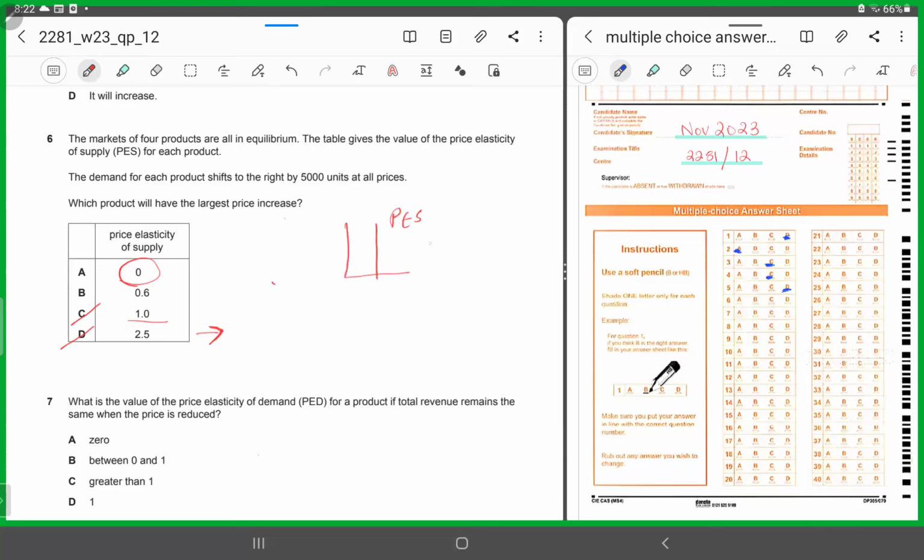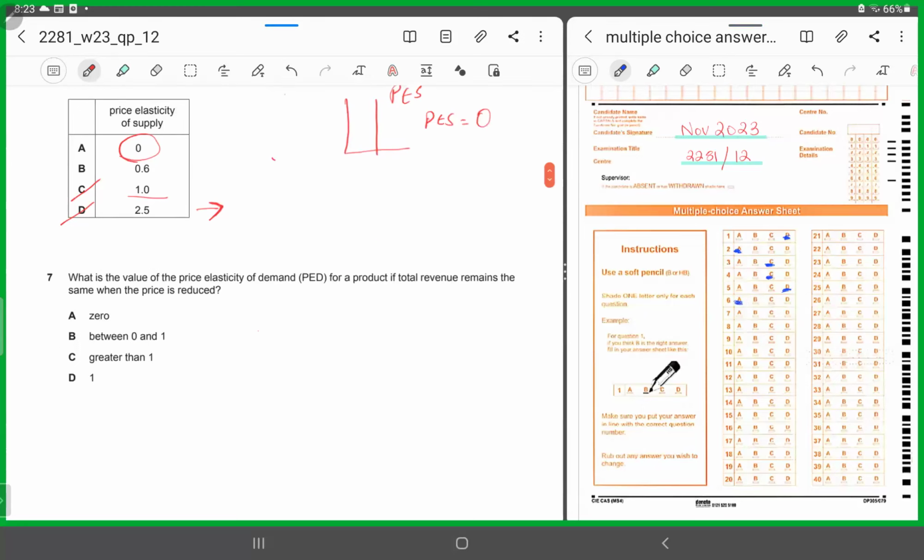Price elasticity of supply is 0. It has to be A. Why? Because the demand is increasing by 5,000 units and the supply is not at all going to increase. So all the effect has to be shown by the price, so this product has to have the largest price increase. All right? This is A.